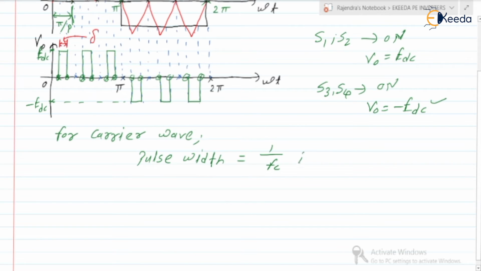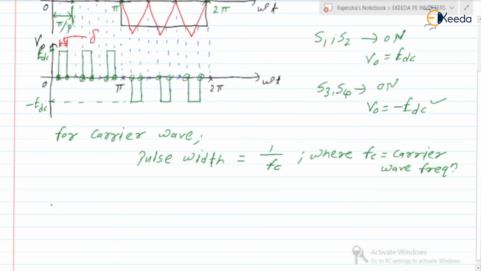The carrier frequency is nothing but the number of cycles per second. So 1 by fc is the time taken to complete one cycle. So it is 1 by fc.